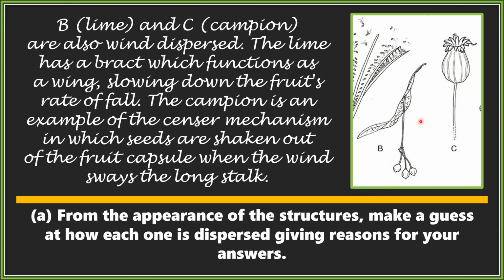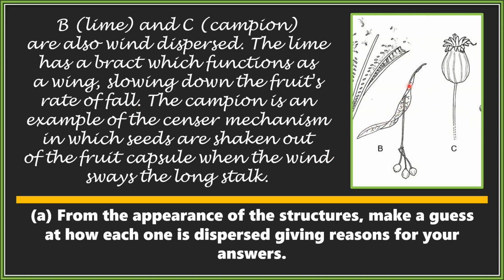B, this one, which is lime, and C, which is campion, are also wind dispersed. The lime has a bract which functions as a wing, slowing down the fruit's rate of fall. This is the bract.